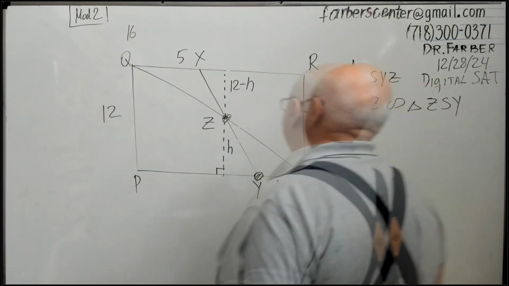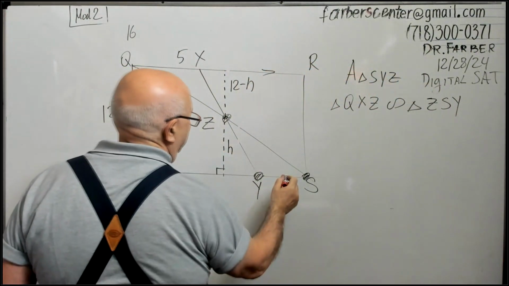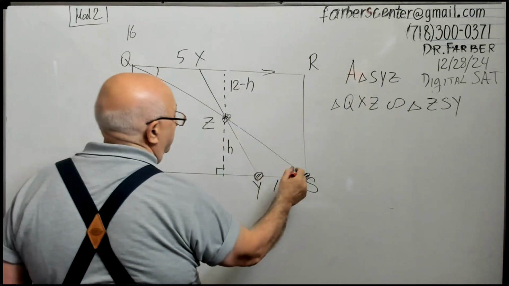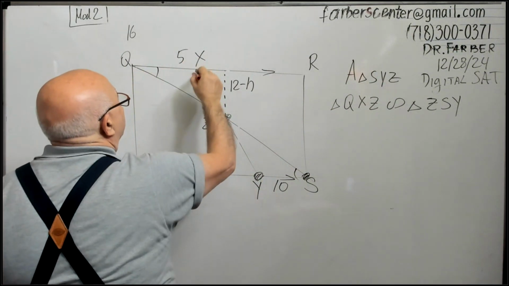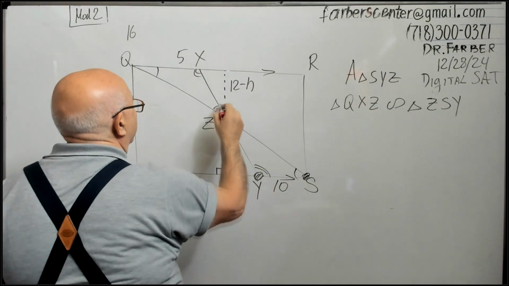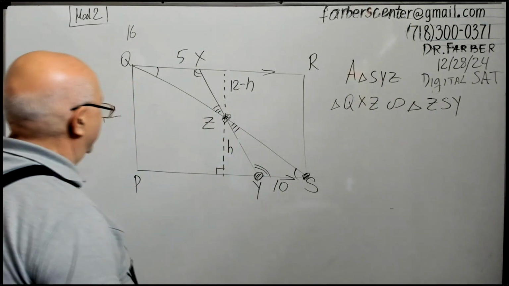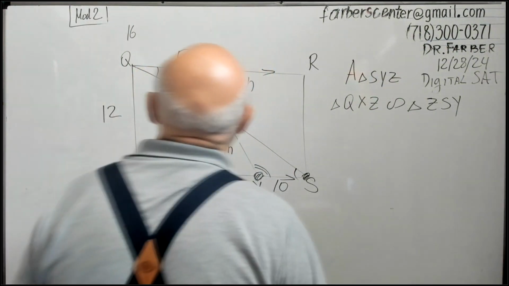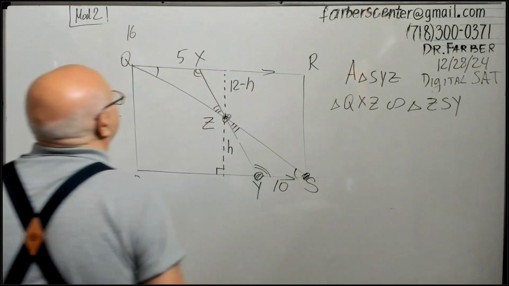Why is this similar? If these two are parallel, with a transversal, alternate interior angles are the same. And the vertical angles are the same. AAA: angles equal, so the triangles are similar and sides are proportional.